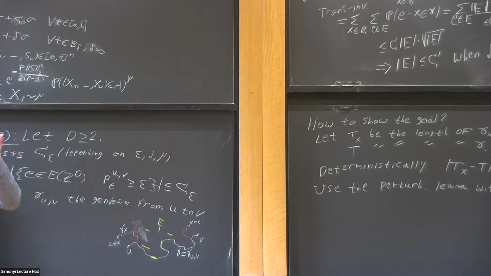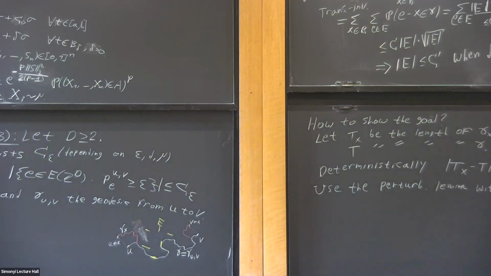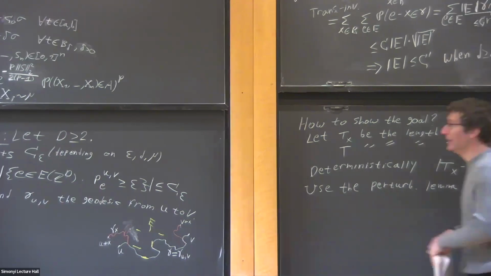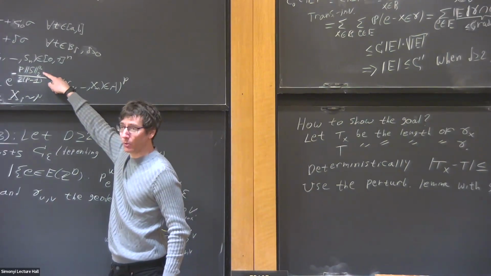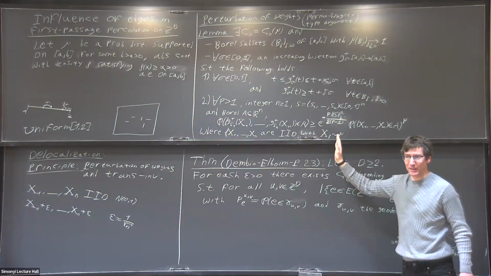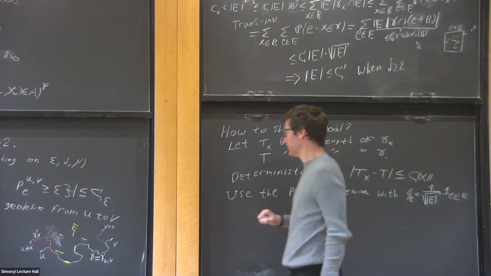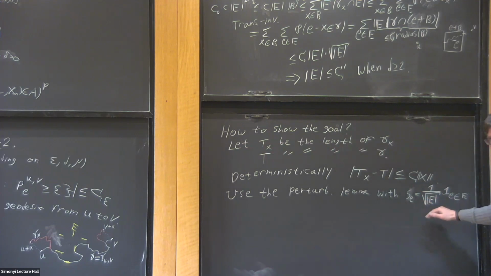I don't know how big the set E is, but each weight I'm going to increase by 1 over the square root of its size. The good thing about this choice is that its L2 norm is of order 1, so it doesn't change the probability of events too much. That's the maximum I can increase it by and still have a bounded L2 norm.